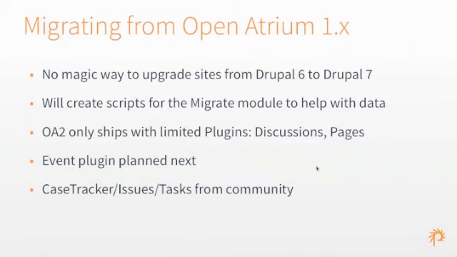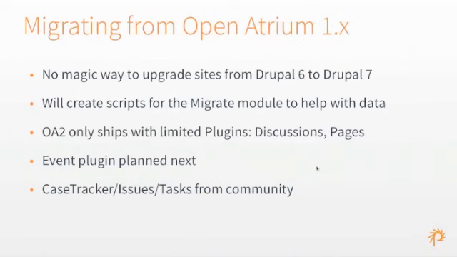We're currently working on the event plugin, which was part of Atrium 1, so we will have an event plugin for Atrium 2. The other big functionality that was in Atrium 1 was the case tracker for issue tracking. We decided not to build a new issue tracker on Atrium 2 because there are a lot of already existing modules out there to do that. And we've actually already had community contribution.